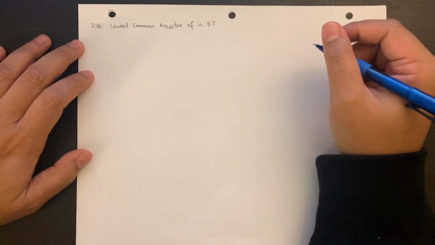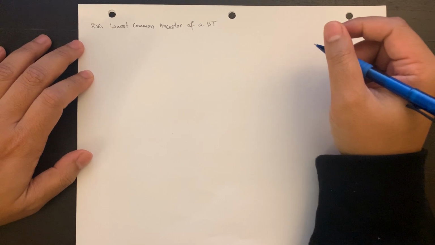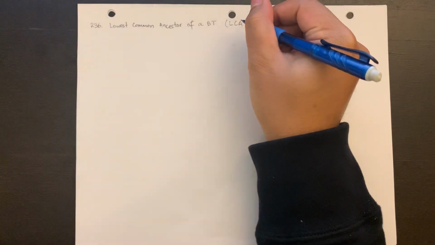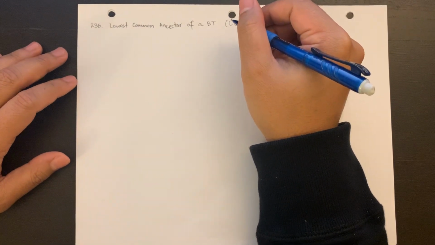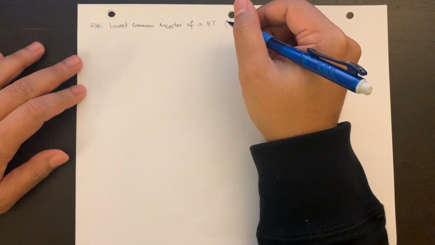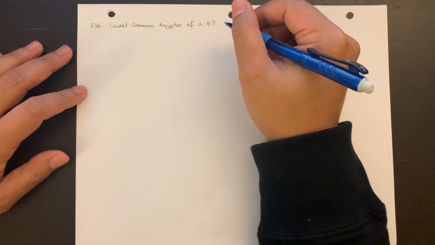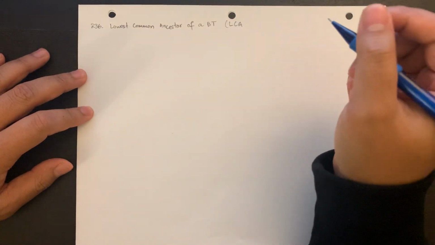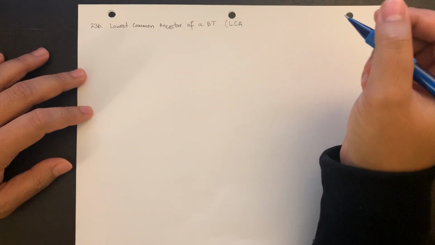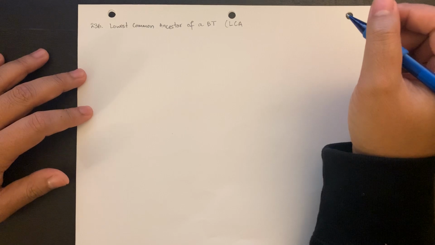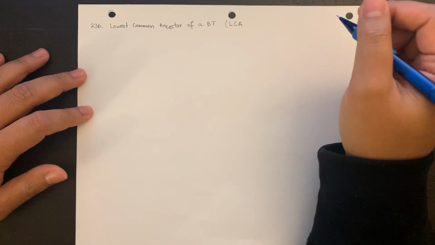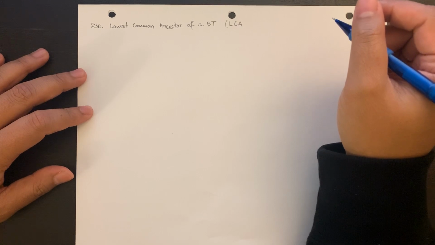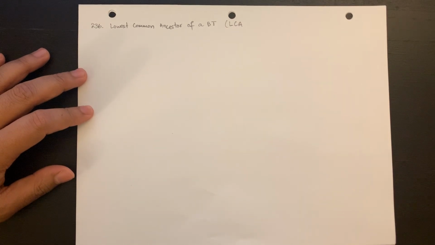Given a binary tree, find the lowest common ancestor, LCA, of two given nodes in the tree. According to the definition of LCA on Wikipedia, the lowest common ancestor is defined between two nodes P and Q as the lowest node in T that has both P and Q as descendants, where we allow a node to be a descendant of itself.